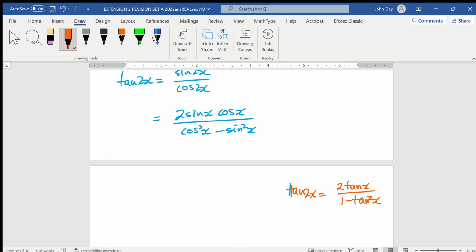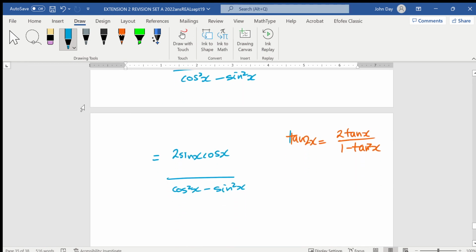So can you see, if I divide by cos squared x, that'll sort the denominator out to be where I want it to be. So this is equal to 2 sine x cos x over cos squared x minus sine squared x. But we're going to divide both the top and bottom there. Going to divide by cos x there, and cos x actually by cos squared x there, and by cos squared x there.